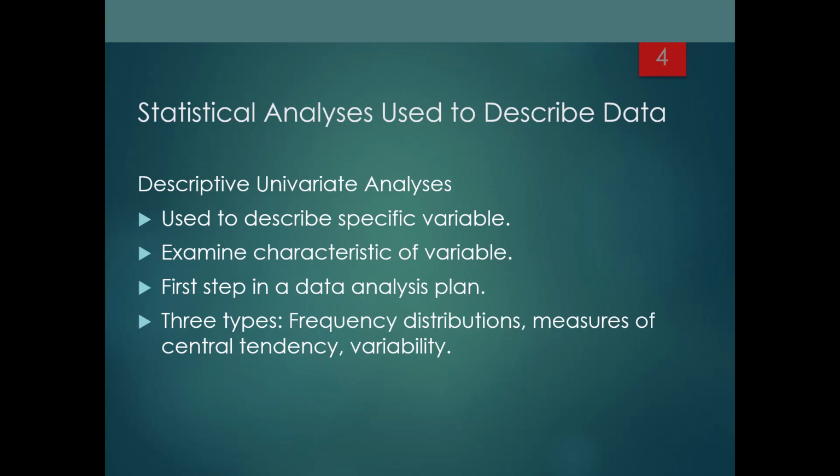So there's only certain statistics that you can run using ordinal level data. However, you could have asked that same question at the ratio level and been able to run more statistics.